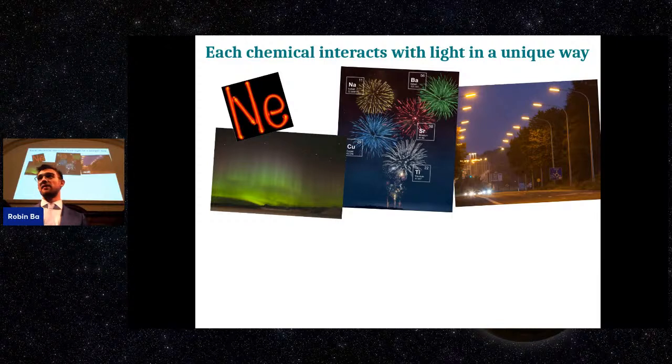In the middle, you see fireworks. You can see that depending on the different chemical element that is added to these fireworks, it will glow with a different color. On the right, you can see the sodium street lanterns, which glow with a very characteristic orange color. And then all the way on the bottom left, you can see the beautiful aurora borealis, the northern lights, which you can see if you go far north.